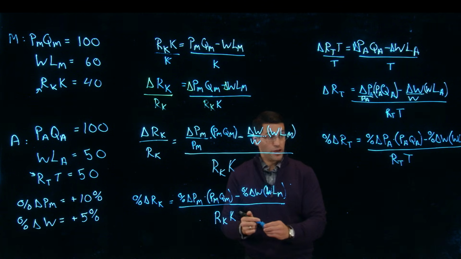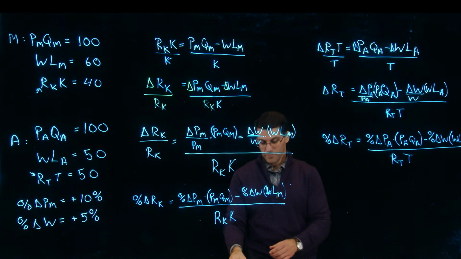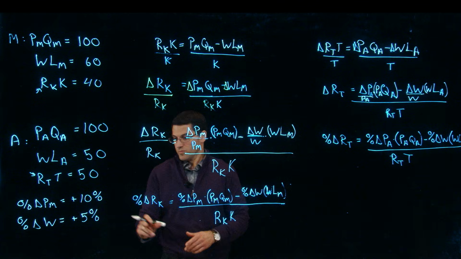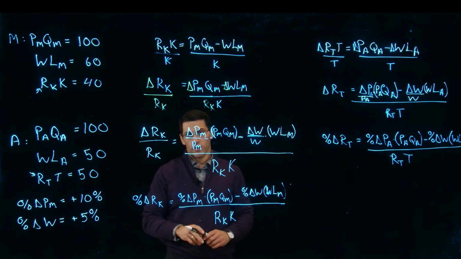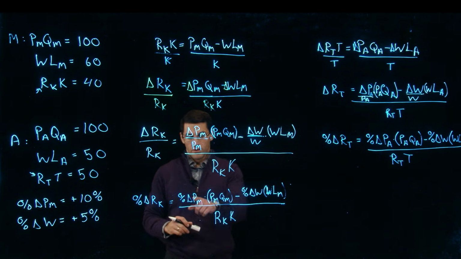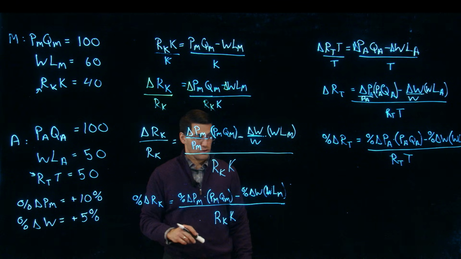So now we're ready to just go ahead and plug everything in. So going back to our equation for the rental rate on capital, the price of manufacturing went up by 10%.